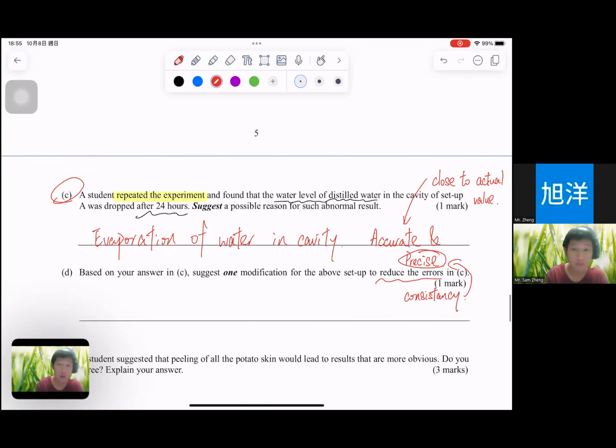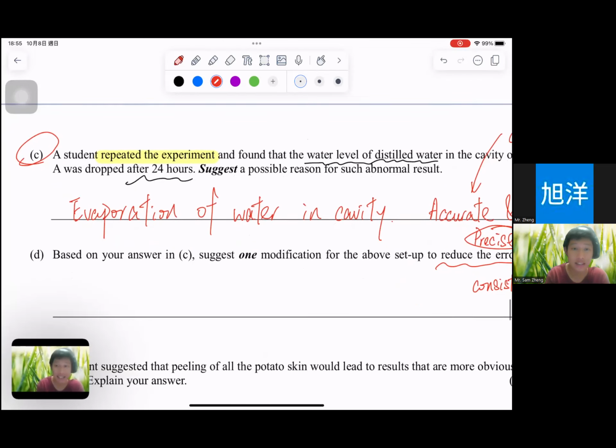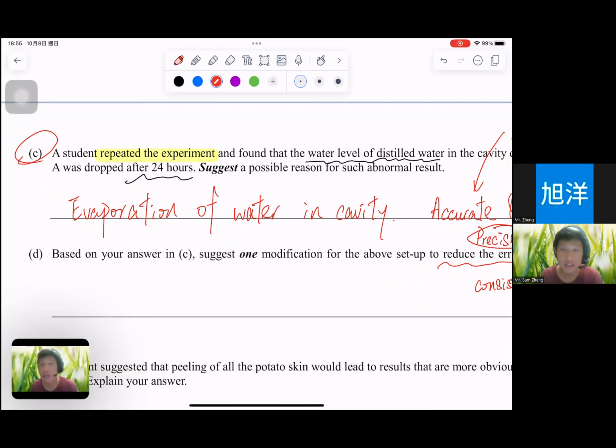So in this case, how can we suggest a modification to the setup? In fact, we will need to cover the beaker, probably with a lid.